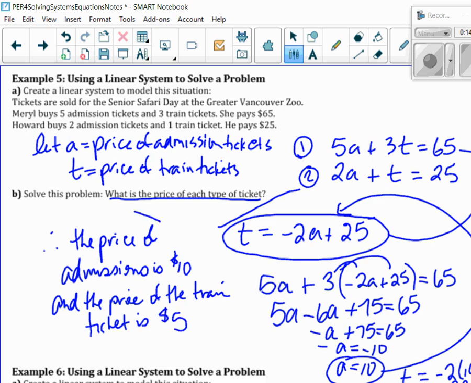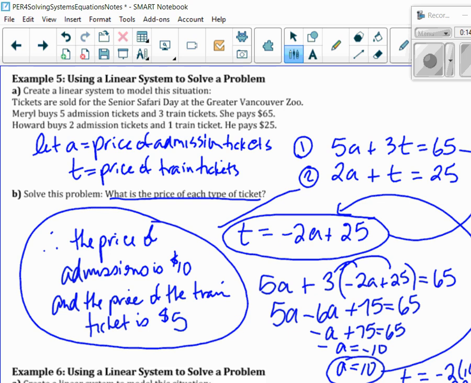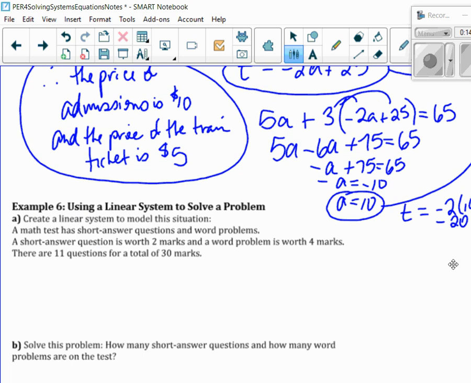All right, so this is my final answer this time. Okay, I'll give you a second to do example 6. Okay, same thing. You need to make sure you're very specific on what the variables stand for. What did you use for your variables? I used S and W. So what does S stand for?